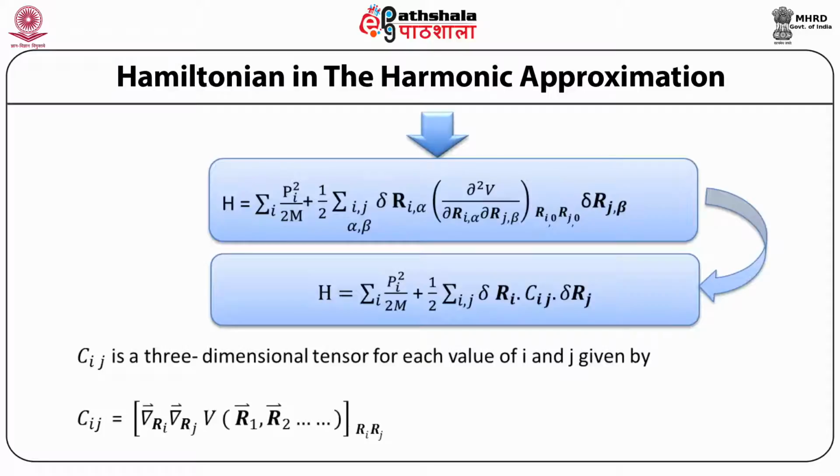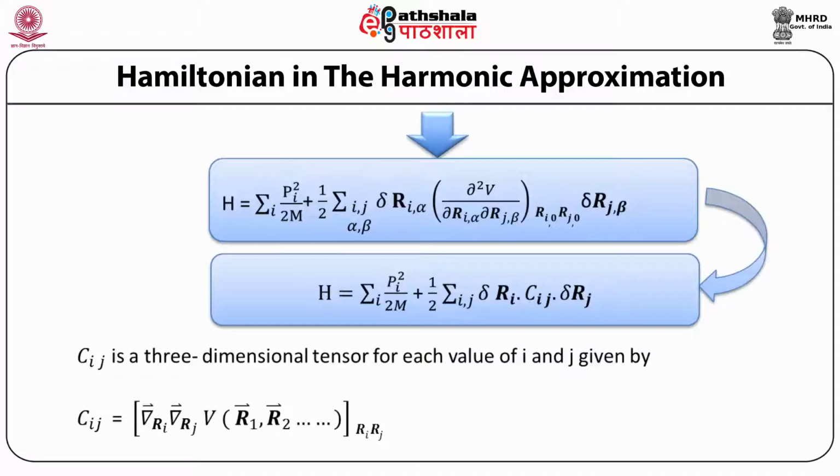As you can see, H is then equal to the sum over all the ions pi square by 2m, which is the kinetic energy, plus half of the summation over i comma j, delta Ri dot, be careful about this, dot Cij dot delta Rj. So I have written this in a very compact form, taking into account not only i and j but also alpha, that is all the three axes x, y and z. It is contained in this.